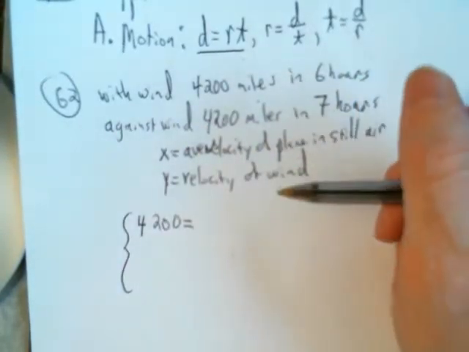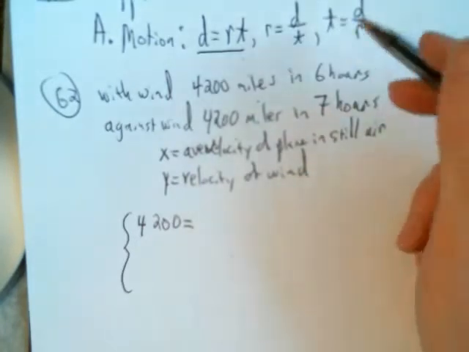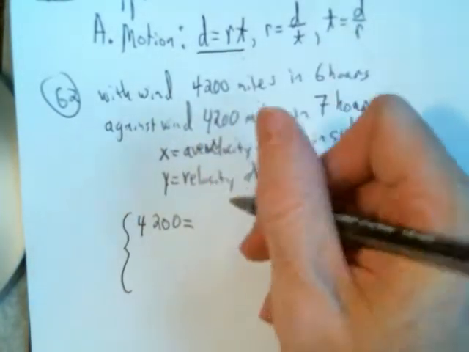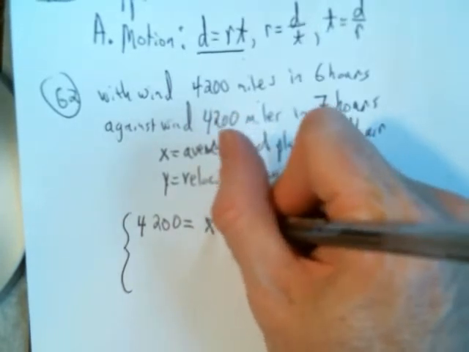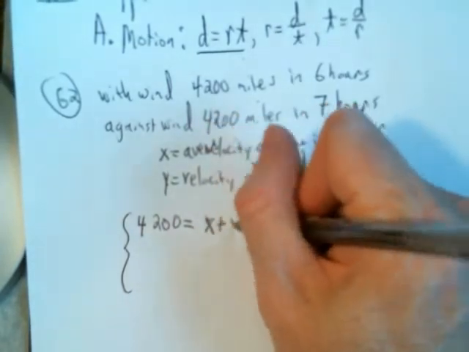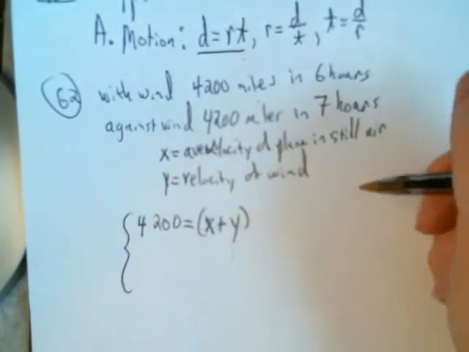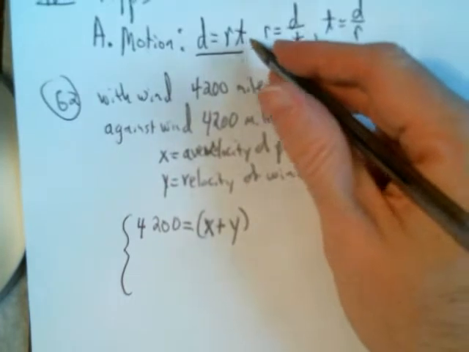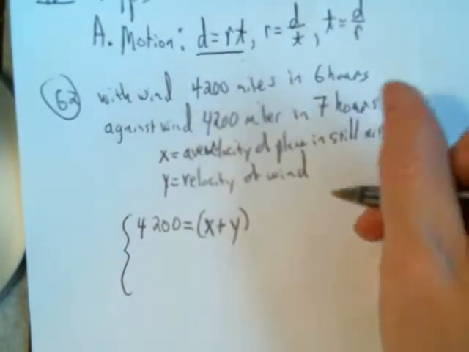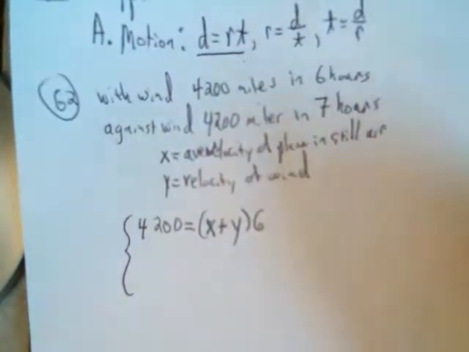So the rate of the plane when it's going with the wind will be x, the rate of the plane, plus y, the rate of the wind. Okay? And then times t, and t when it's going with the wind was 6 hours.